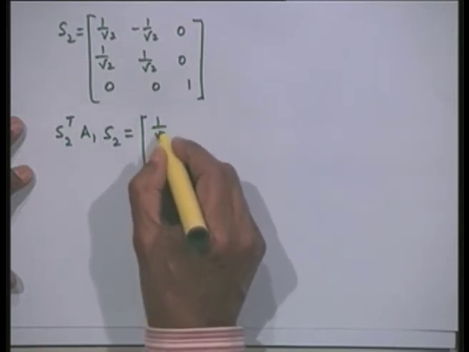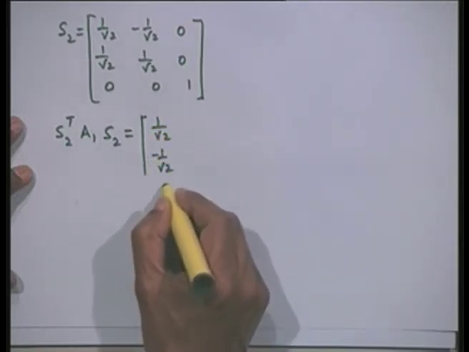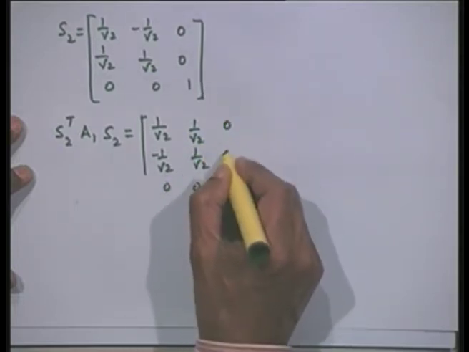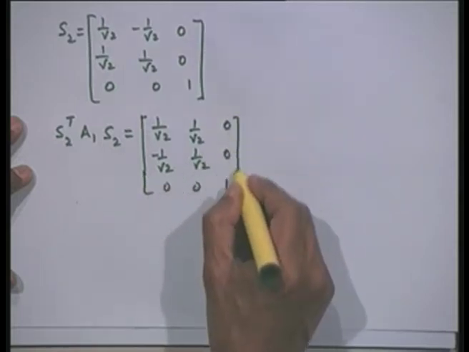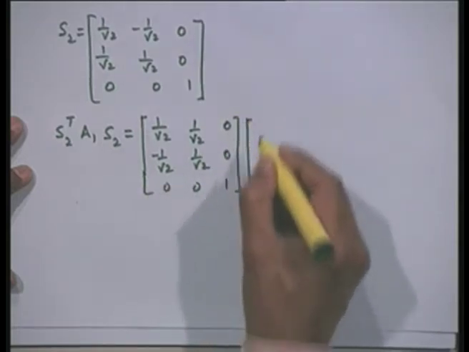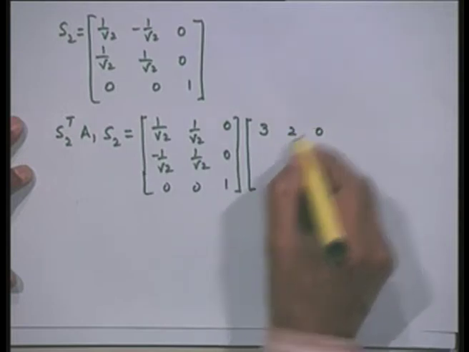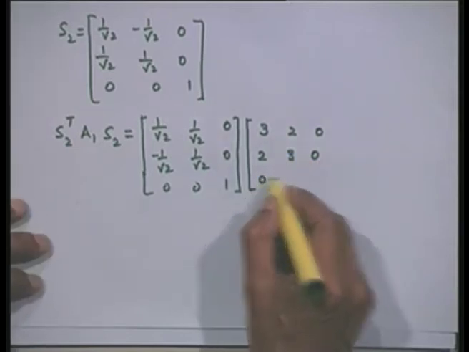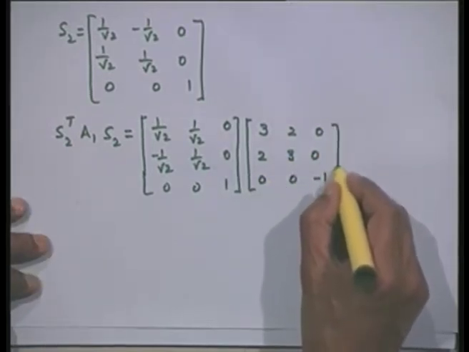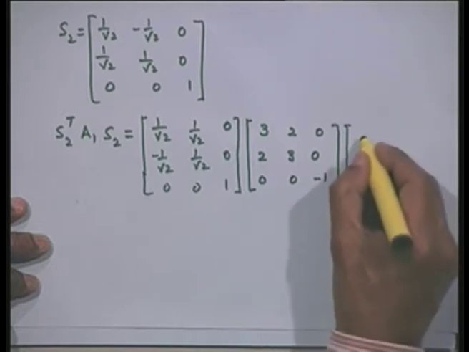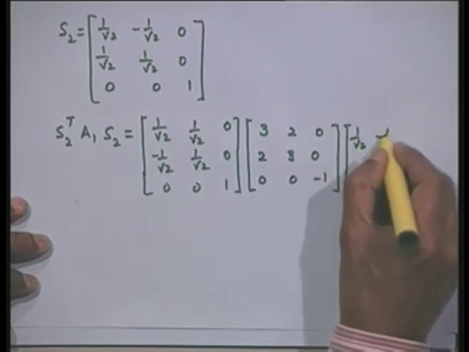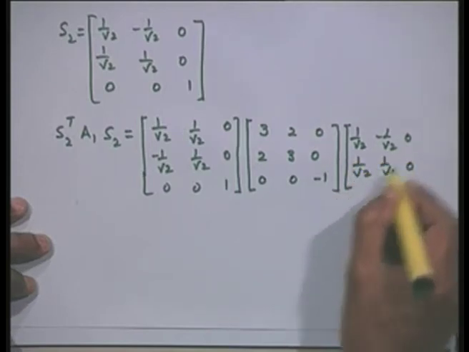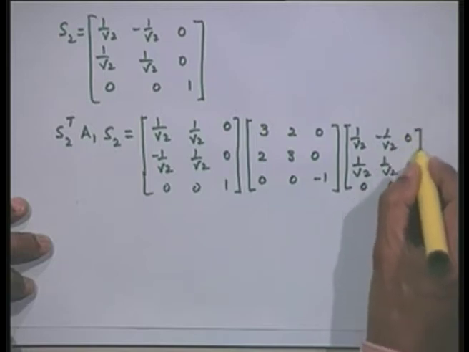Let us write it as 1 upon root 2, minus 1 upon root 2, 0, 1 upon root 2, 1 upon root 2, 0, 0, 0, 1, that is our inverse, and A1 is 3 2 0, 2 3 0, 0 0 minus 1, and S2 is 1 upon root 2, minus 1 upon root 2, 0, 1 upon root 2, 1 upon root 2, 0, 0, 0, 1.